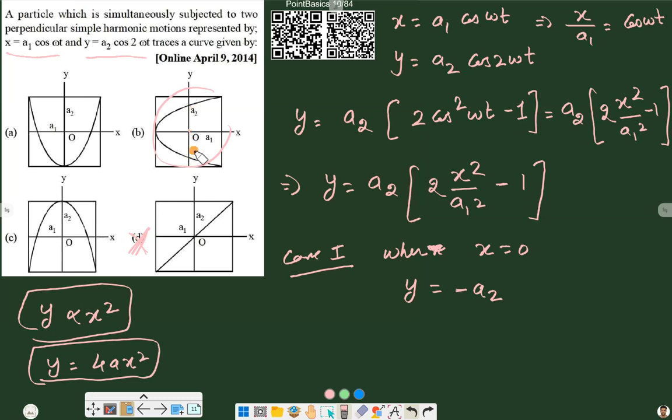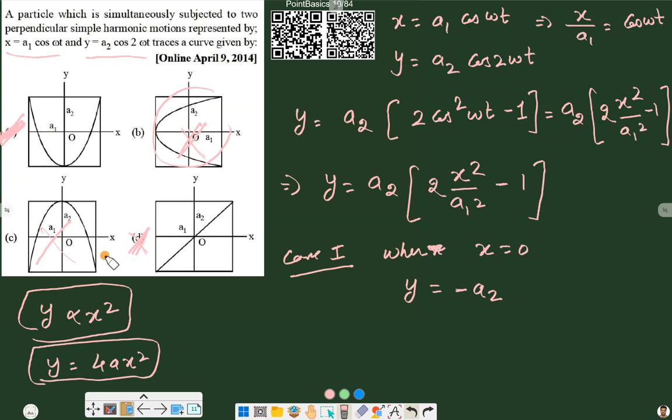We don't have both values here, so this gets cancelled. Here when x is equal to 0, y is positive. So again this graph is rejected. Only option A, where when x is equal to 0, y is negative, gets satisfied. Hence option A is the right answer for this question.